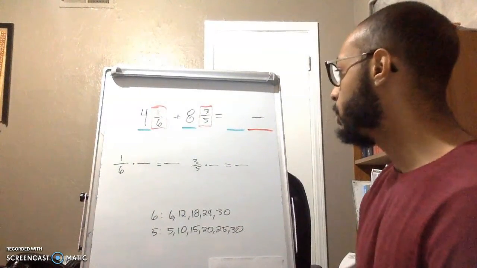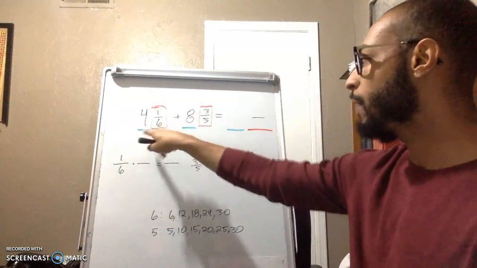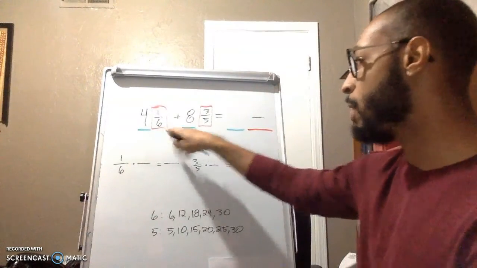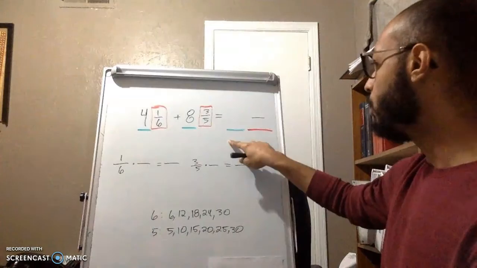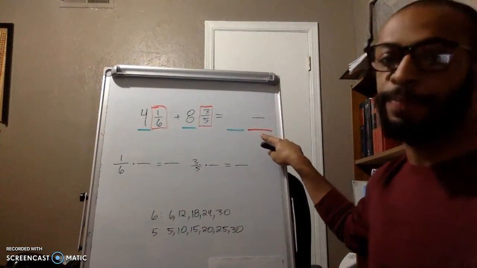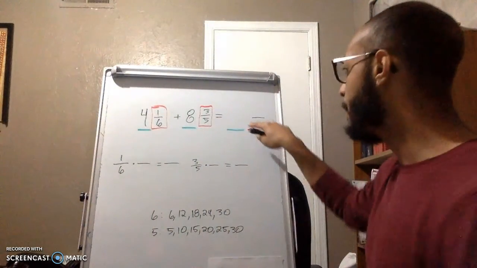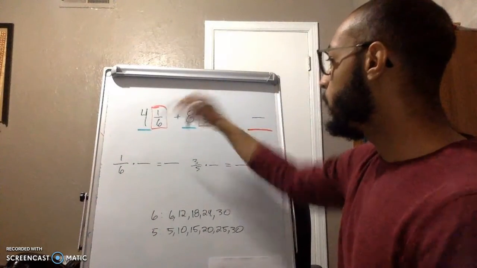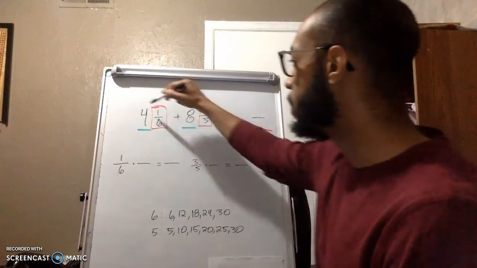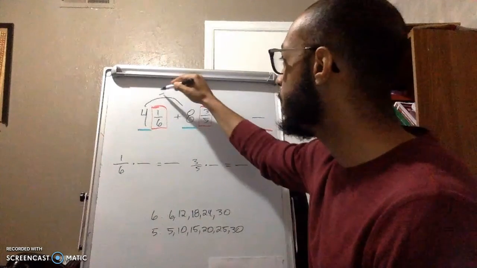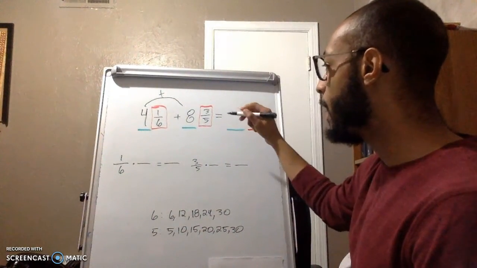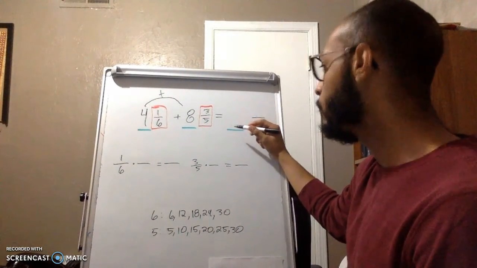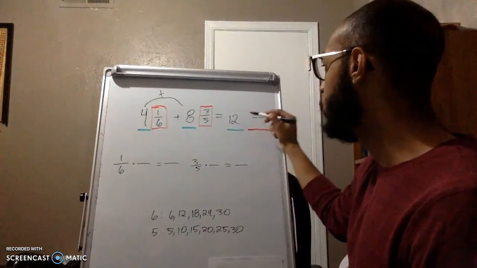So we kind of know if our question looks like this, our answer is going to look something like the same thing. It's going to have a whole number followed by a fraction. What we can do in this instance is just go ahead and add these like terms to get it out of the way. 8 plus 4 or 4 plus 8 is going to be 12.